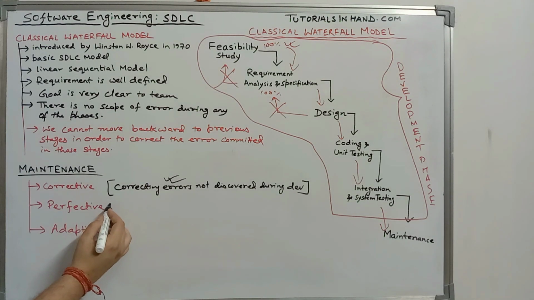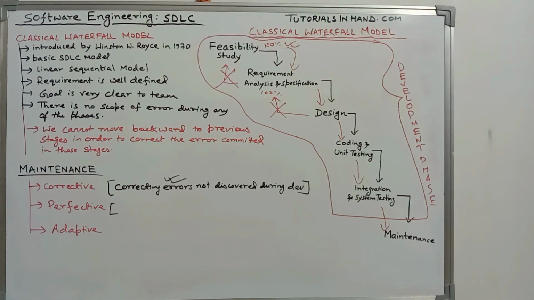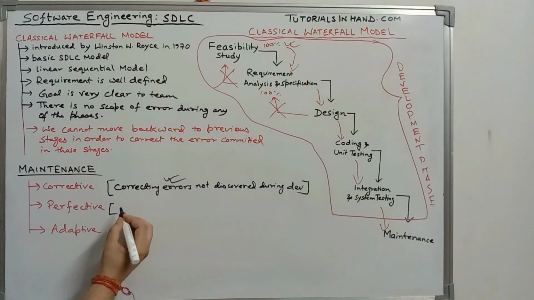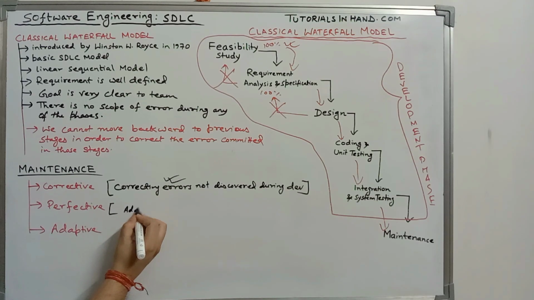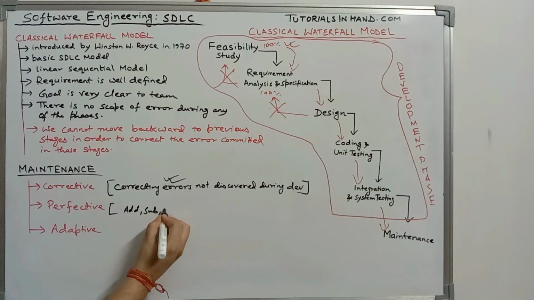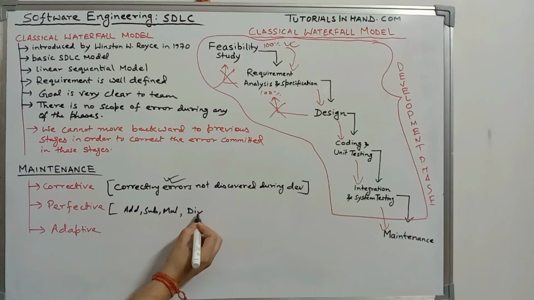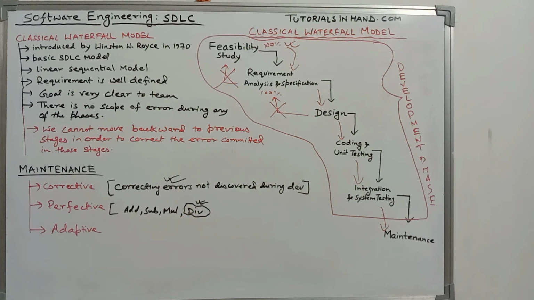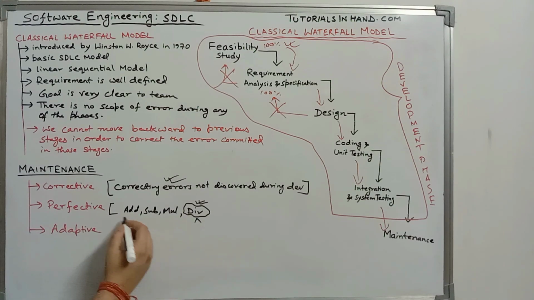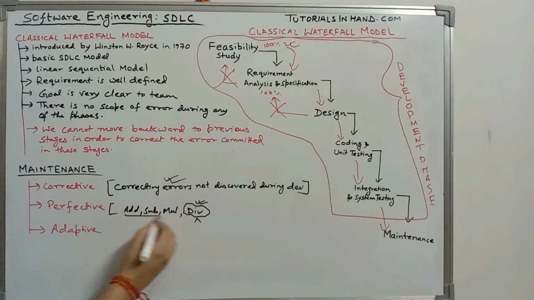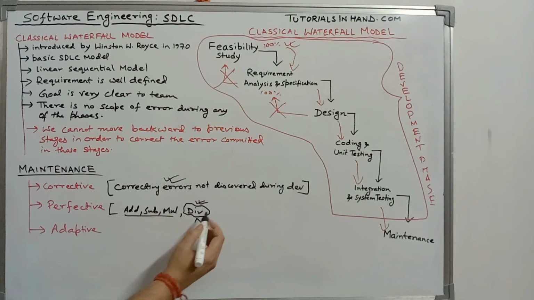In perfective maintenance, what do we do? We improve the implementations of the system. That means we enhance the functionality of the system according to the customer's requirement. For example, we developed addition, subtraction and multiplication modules, right? But now the customer wants the division module to be included as well, and they come up with this suggestion that we need division also. So this module will be added to the existing three modules, and this will come in perfective maintenance.